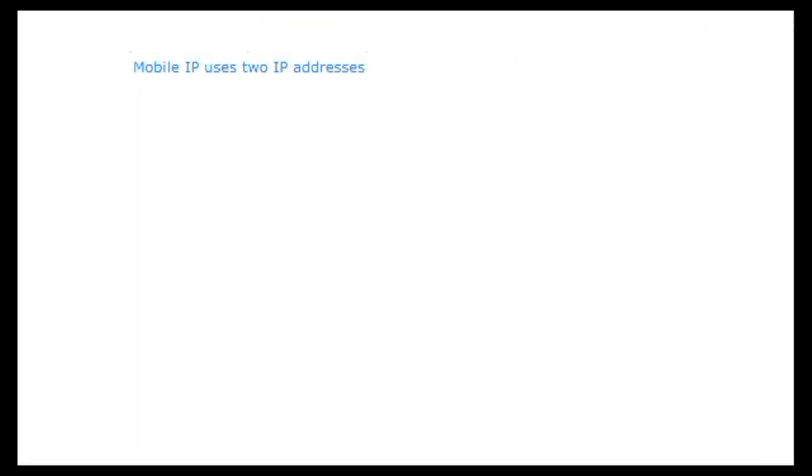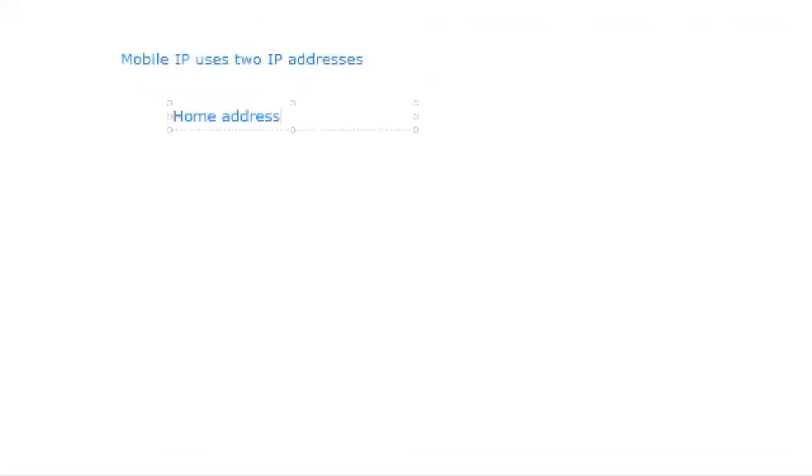What are the two types of IP addresses? Two types of IP addresses are the home address, and the second one is the care of address. So these are the two important ones.